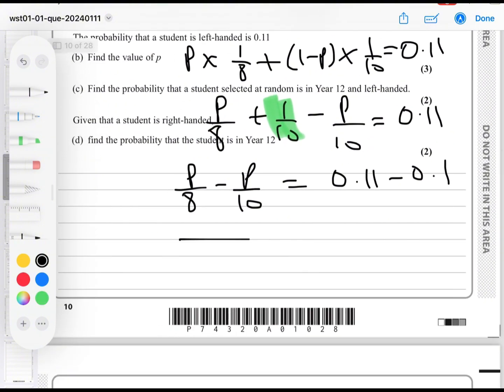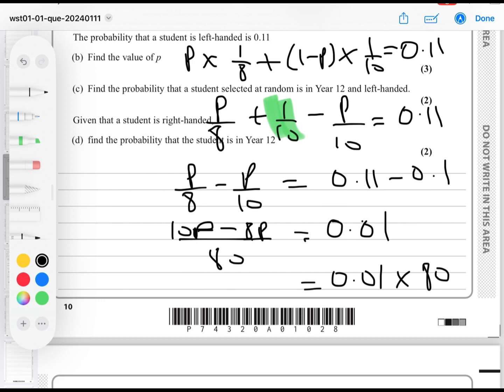Now taking the LCM, we have here 10p minus 8p upon 80 equals 0.01 times 80, and we have 2p here.